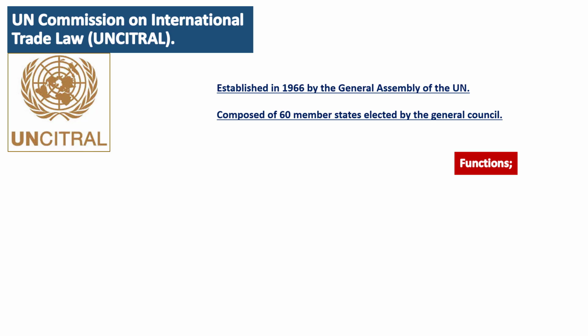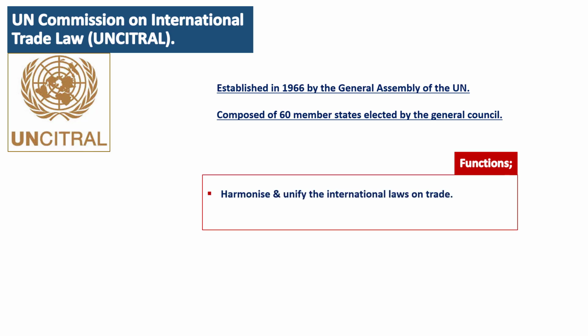Their function is to seek to harmonize and unify international laws globally, especially the ones that relate to trade, such that the definition of one law on trade does not differ from another in a separate jurisdiction, so that trading is easily facilitated. They also issue model laws and conventions that relate to international trade.